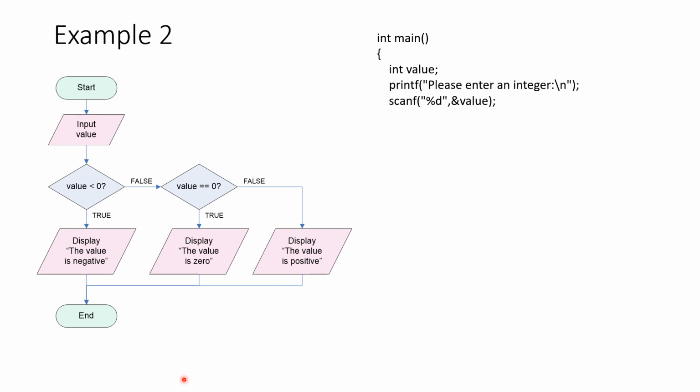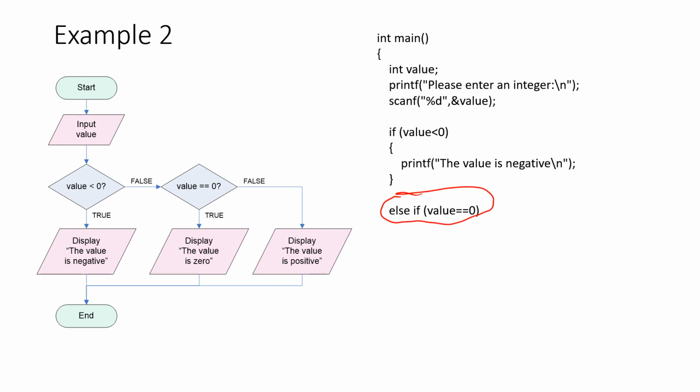Okay, again, the first few lines here are the same as before. We check whether it's negative, and after this, what we do is add else if. When we have another condition that we want to check, we write the statement as else if.